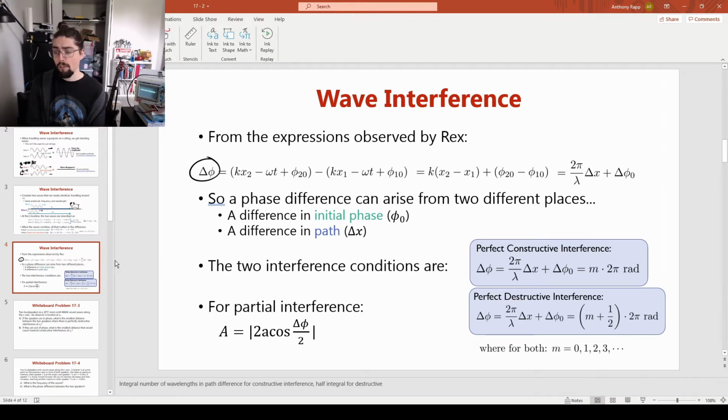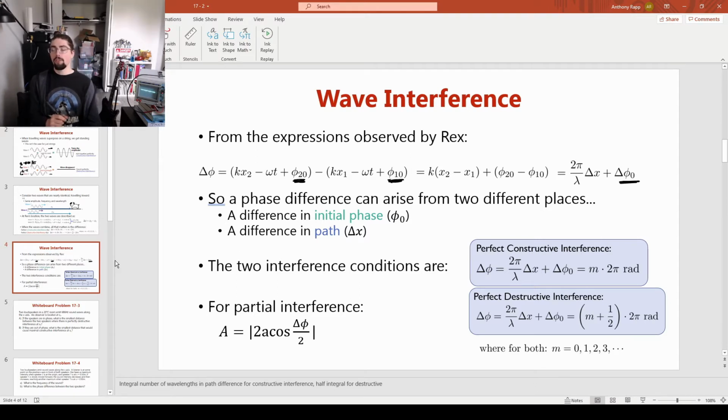We also have the phase constant for each wave, that is the wave being generated from the source. And then we've got the total phase constant difference, so phi2 naught minus phi1 naught. There are so many different pieces that we have to work with here.